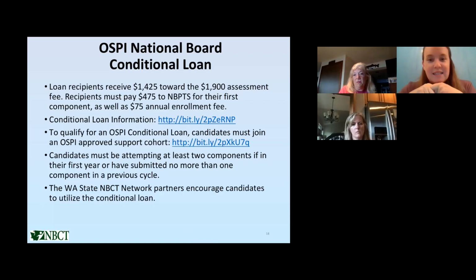So as long as candidates continue to utilize the loan, it makes it much harder for the state to take away the bonus, which is why, even though it's been on the chopping block many times over the years in the various budget crises, it's never gone away. And a big part of that is people actively using the loan, and then that responsibility to take the payback out of the bonus.